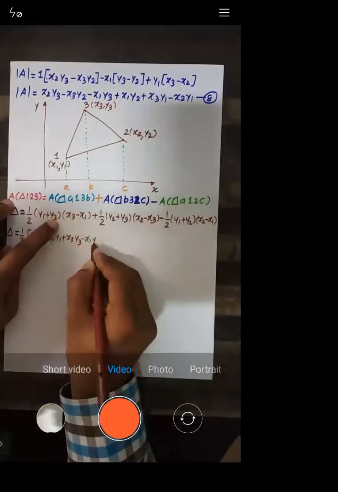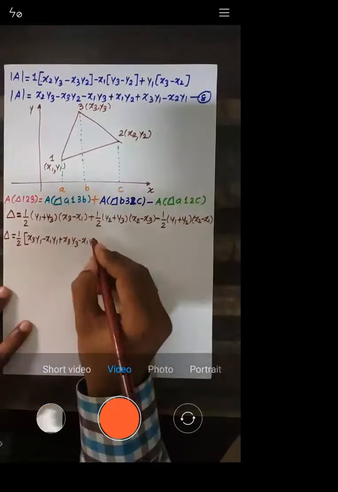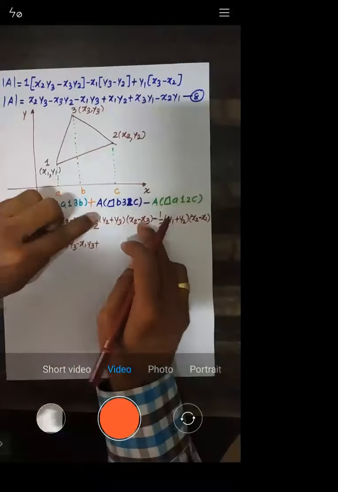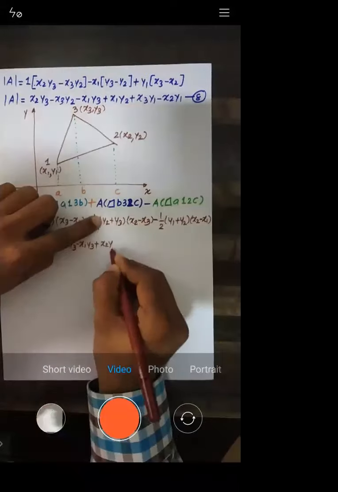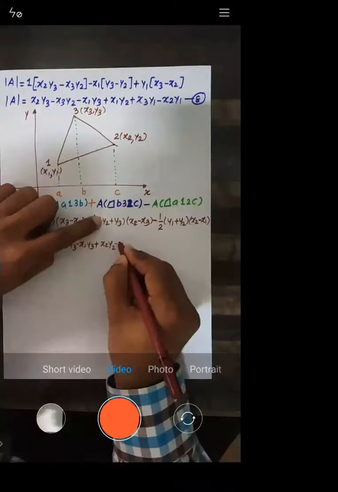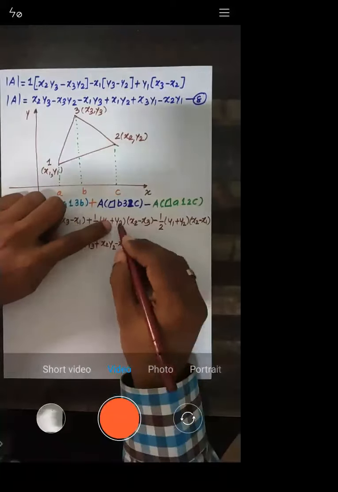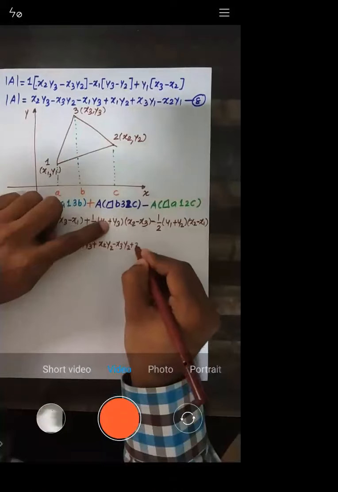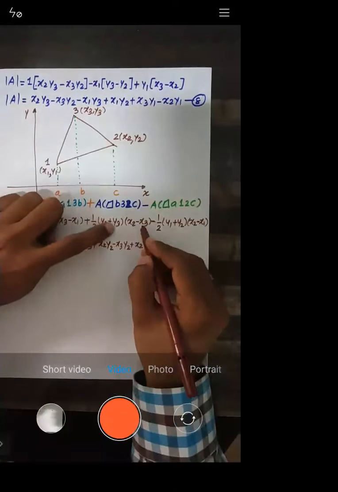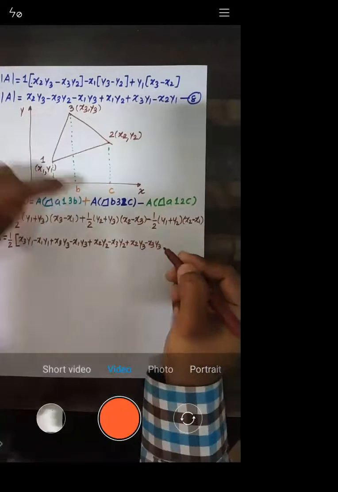I'm just splitting it, nothing else. The 1 by 2 I have already taken common. Now the second bracket: y2 into x2 is x2 y2. Then y2 into minus x3 is minus x3 y2. Then x2 into y3 is x2 y3. Then x3 into y3 is minus x3 y3.